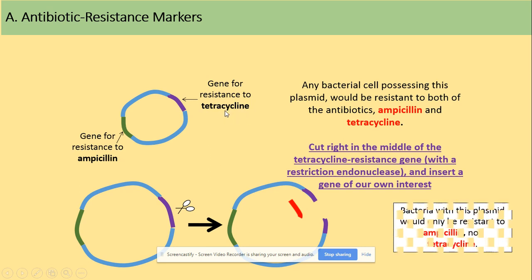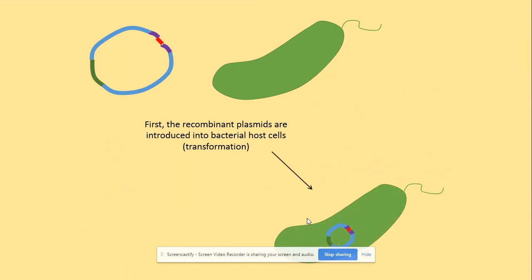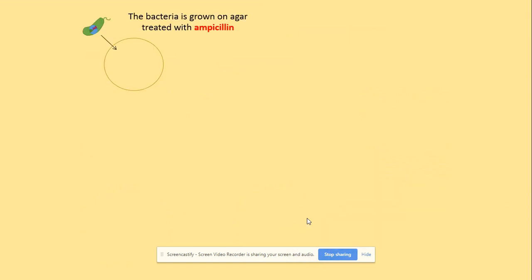So we can now use this information. We can identify the growth of those cultures containing the tetracycline. If they are growing, that means that they didn't take up our plasmid. But if they don't, that means that the cell will be destroyed and that cell contains our gene of interest. So let's have a look at how this can be done.